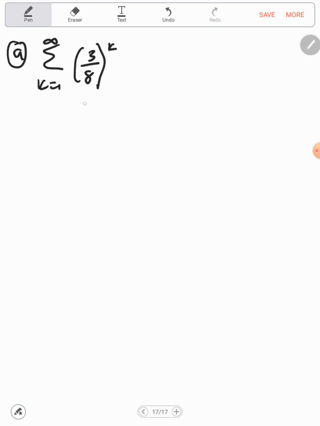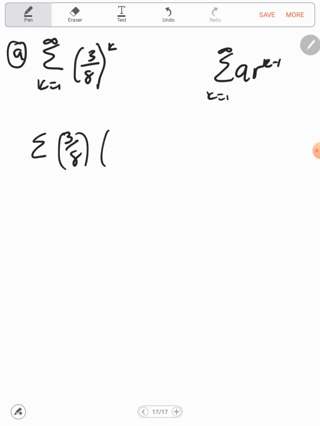When you look at this series, remember the geometric series has to be in the form a r to the power k minus 1, k beginning from 1 to infinity. So you need a term which is raised to the power k minus 1. For us to have this term, we can take out 1. Then what we're going to remain with is this k minus 1.